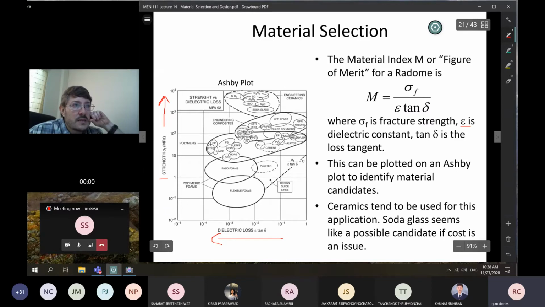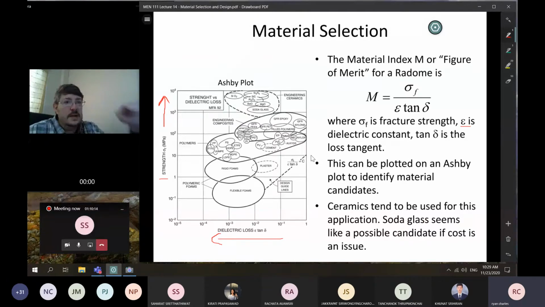You see silica over here at low loss and relatively high strength. And you see perhaps some composites, right? Some composites are perhaps lower strength. So maybe we've got new ones since then. And again, you have design guidelines. You can take this on a ruler and move it around and help eliminate things that way.